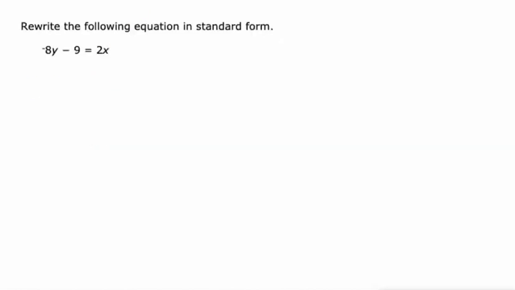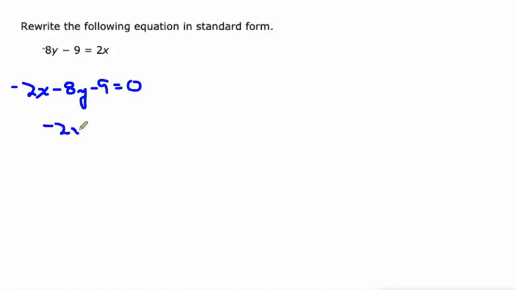Okay, this isn't any form in particular right now, but we can get it to standard form. Let's subtract 2x from both sides to get the x term over onto the left. So that would be negative 2x minus 8y minus 9 equals 0. And then we'll add 9 to both sides.